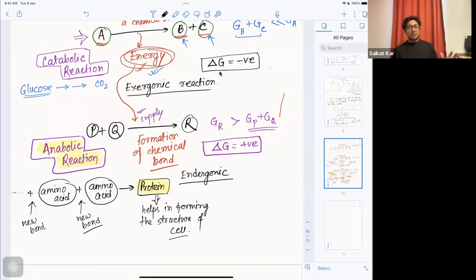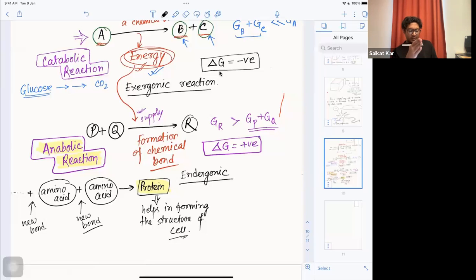So any structure in a living organism, any kind of cell, whether it may be amoeba, paramecium, or a human cell, RBC, the structure of the cell is very much dependent on protein. So this is just one idea.